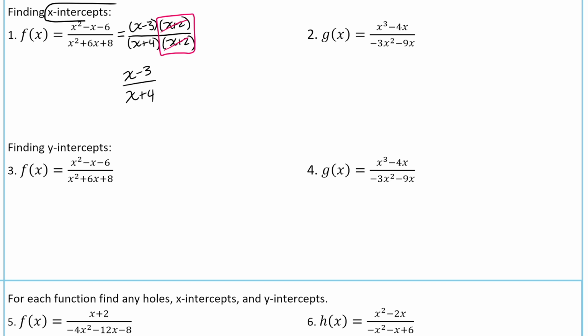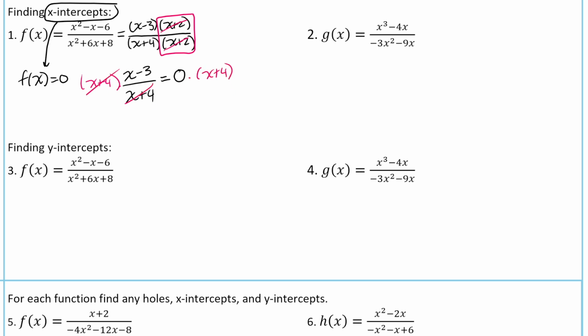For x-intercepts, remember, you set your equation equal to 0, and then you solve for x. If I wanted to go ahead and solve this, I would multiply both sides by x plus 4 to get rid of the denominator.